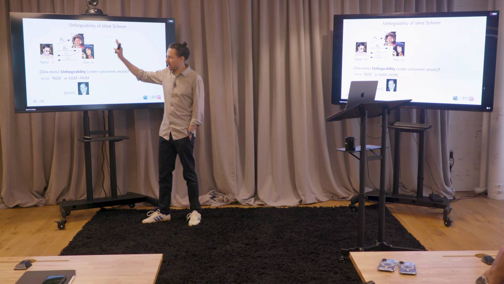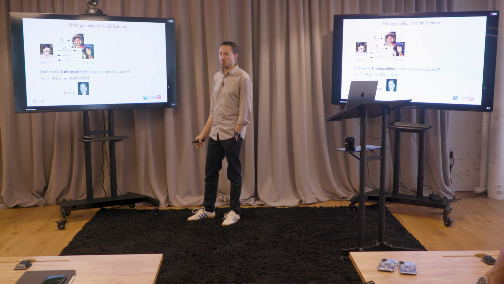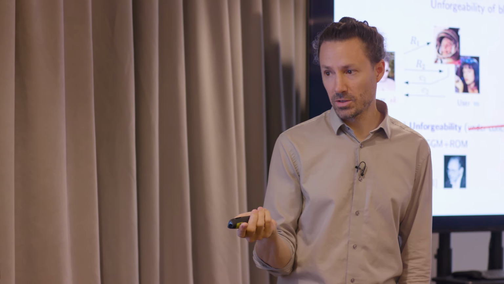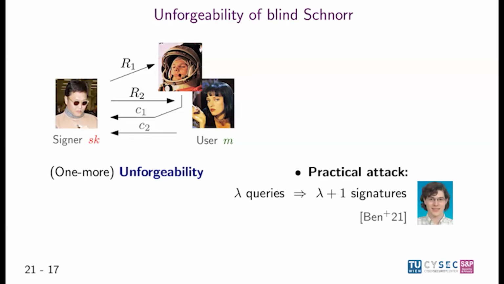For a long time, it was not clear how difficult this ROS problem was. We knew that there were sub-exponential attacks, but then 4 years ago, there was a practical attack by Ben Hamouda et al., who showed that if you can open lambda, where lambda is a security parameter, think of 256, parallel sessions at the same time, then you can very efficiently compute lambda plus 1 signatures, right?